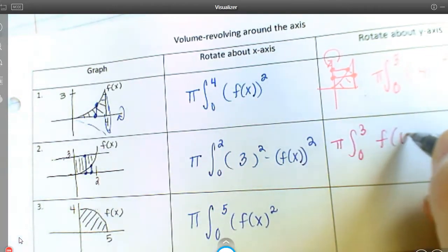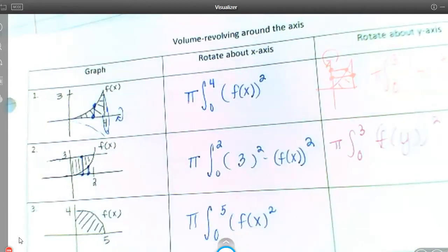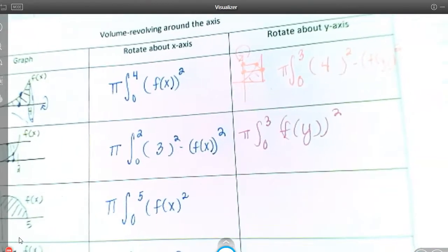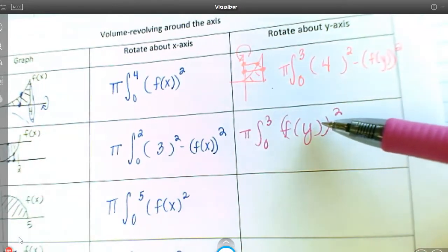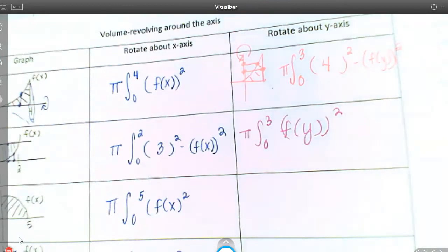So it's f of x, but I really need it to be in terms of y because we're going around the y-axis. And what that means as far as the equation goes, if it said like y equals 2x minus 3, then you have to solve that for x to get it in terms of y, if it was an actual equation.